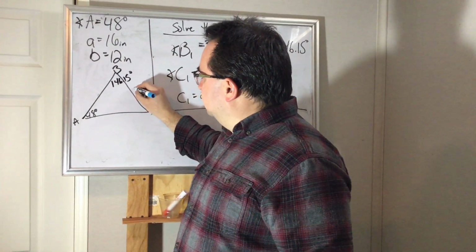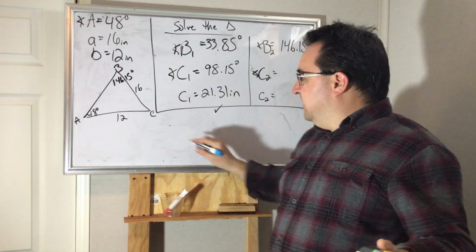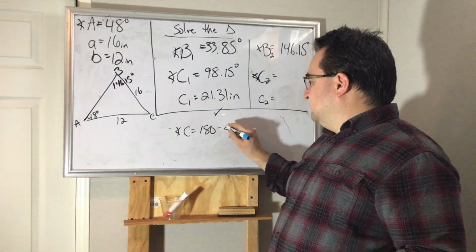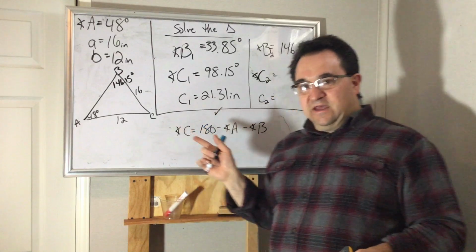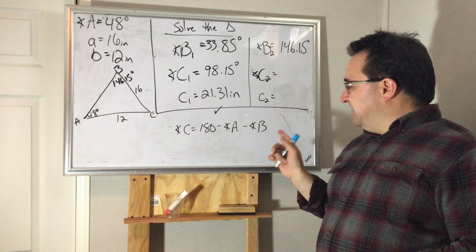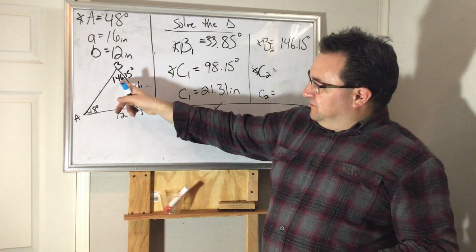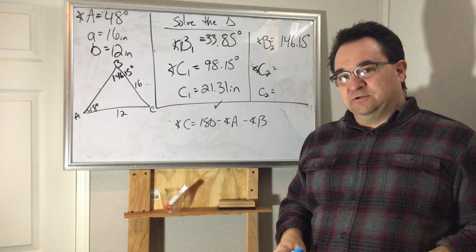So this would be 16, and this is 12. There's C. So again, I'm going to go angle C is 180 minus angle A minus angle B. And now look at that for a minute. That should bother you. Other than, you know, that's obtuse, but it doesn't look obtuse. Just look at the numbers.